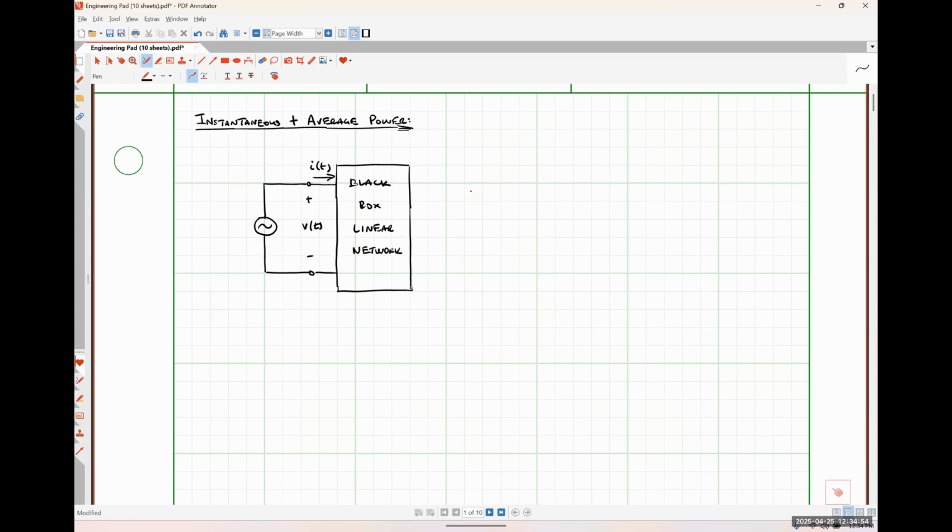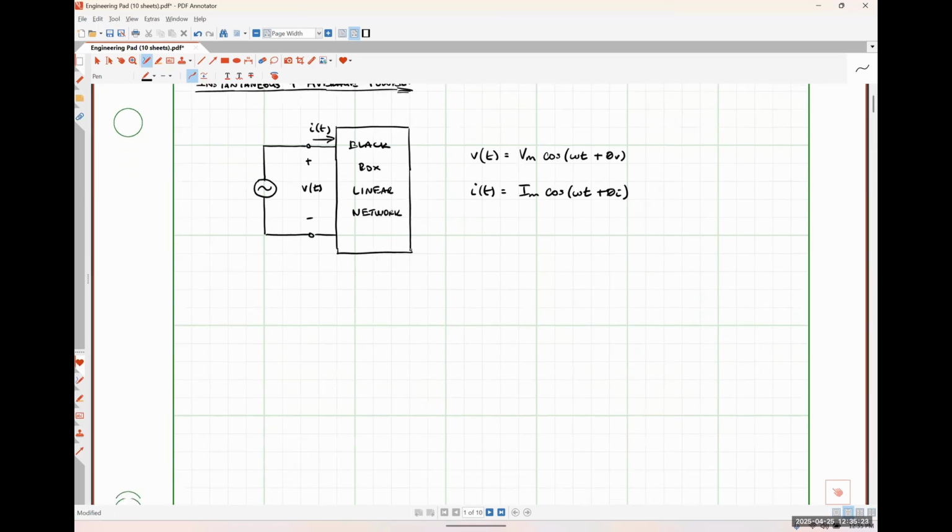And so let's say that in general, the voltage drop across the terminals of our network could be expressed of the form Vm cosine omega t plus some phase angle theta v volts. And similarly, our current I of t could be expressed of the form Im cosine omega t plus some phase angle theta I, like so.